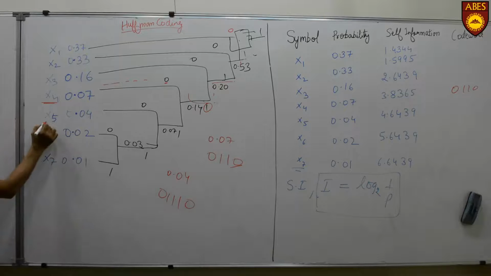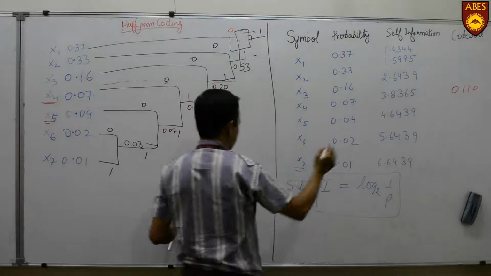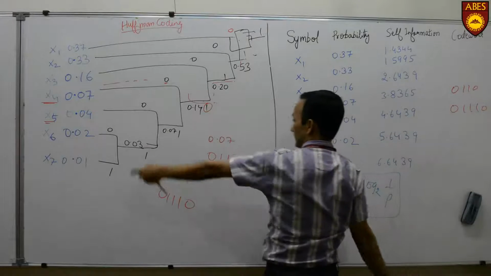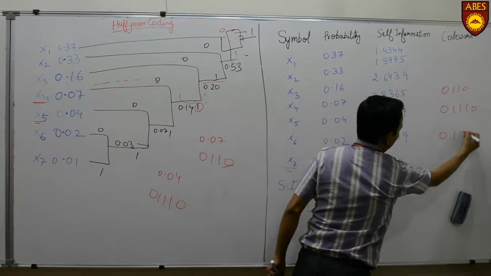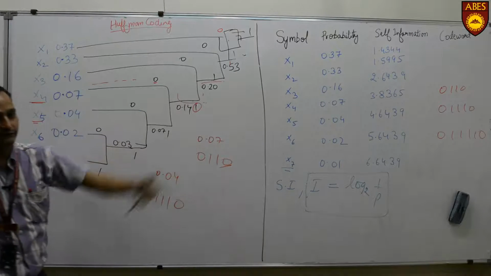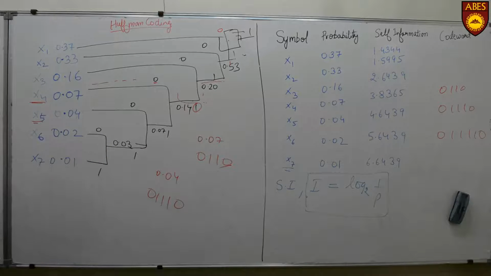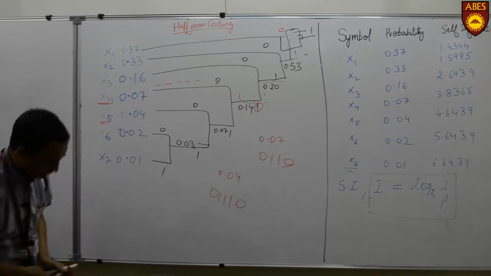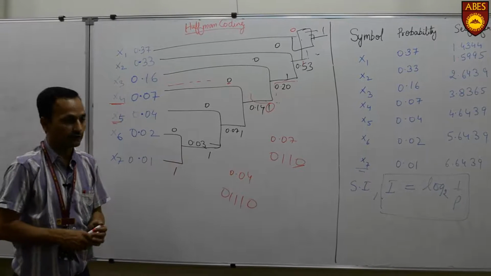So this is my code word for X5. This is how I will write it: 0, 11110. Again similarly for 0.02. This is how I give the code word for Huffman coding, and this is the order that we follow for calculating the code word for the Huffman code.